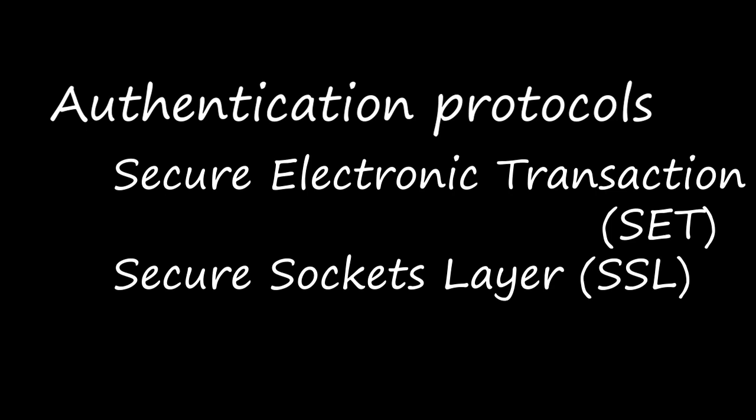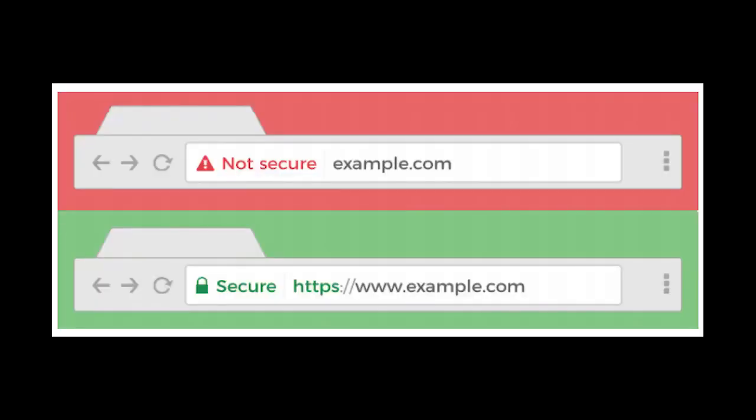SSL works completely hidden from the user, who does not have to intervene in this protocol, right? The only thing the user has to do is make sure the URL starts with HTTPS colon double slash instead of HTTP.